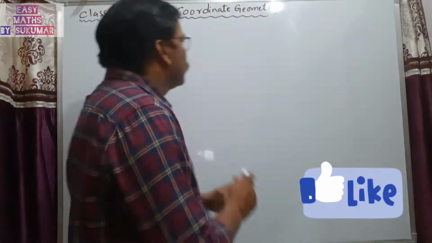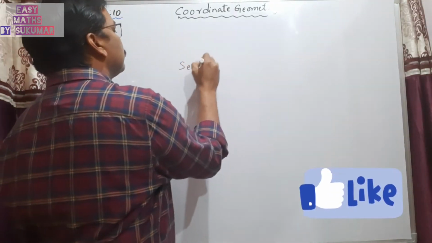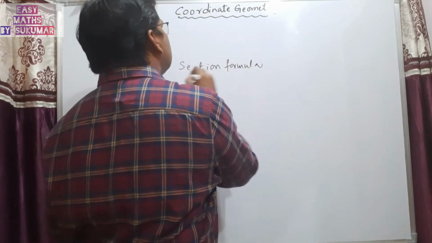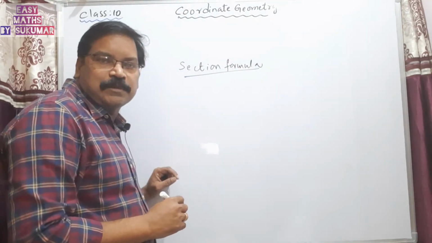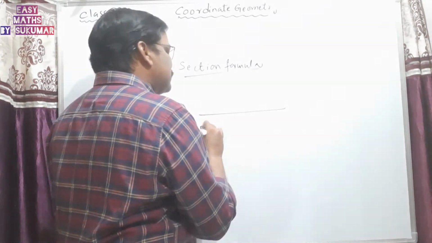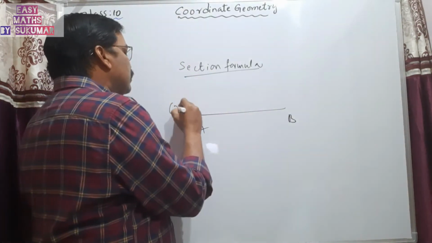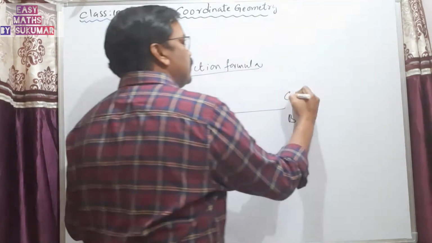See, my dear students, we have already discussed the section formula. Let us recall what the section formula is. Here, there is a line segment AB. The coordinates of A and B are x1, y1 and x2, y2.